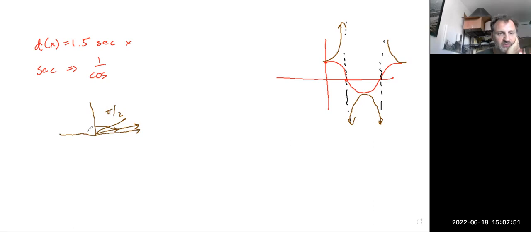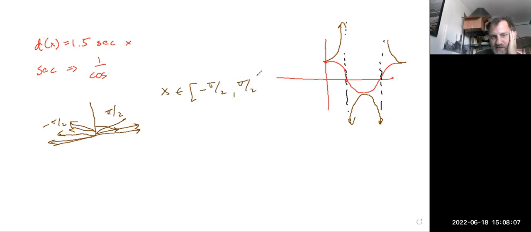On the other side, it would be minus pi halves, because we can go this way, this way, this way, but as the boat goes up the shore, the domain of this function has to be from negative pi halves to pi halves.